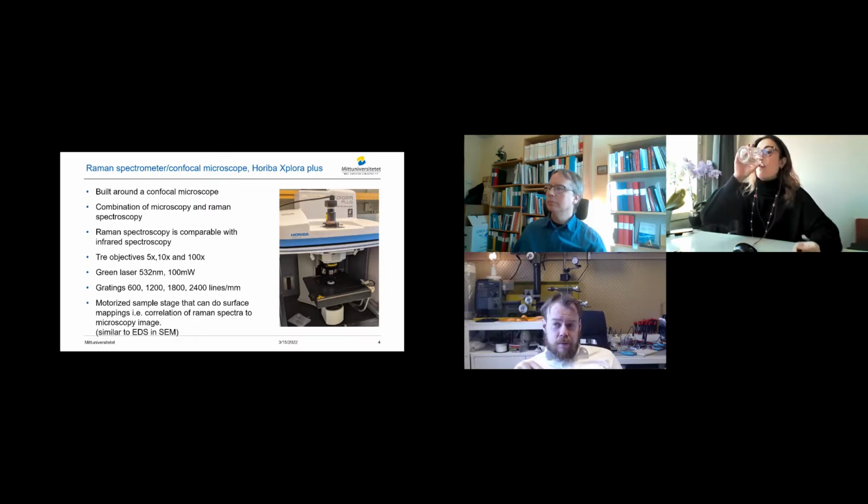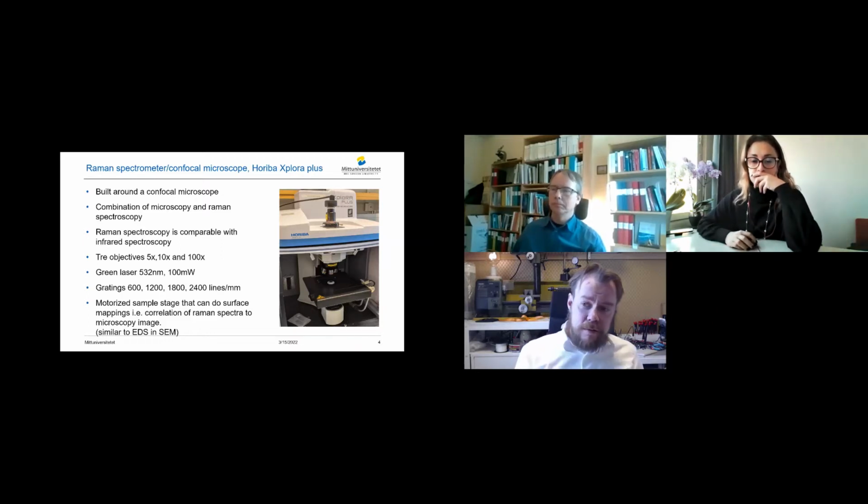Basically, you can target selected areas across the surface that you are monitoring in the optical microscope and measure the Raman spectra from that. And the Raman spectra is what you can say is the twin sister of infrared spectroscopy. So it provides similar information, vibration energy information from chemical bonding.